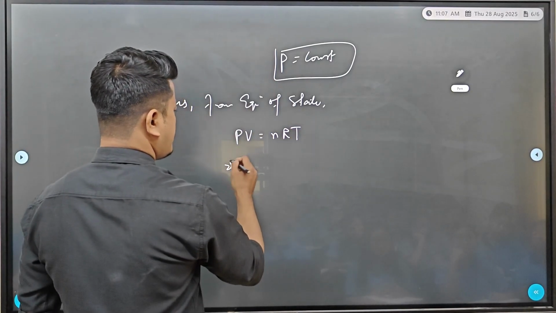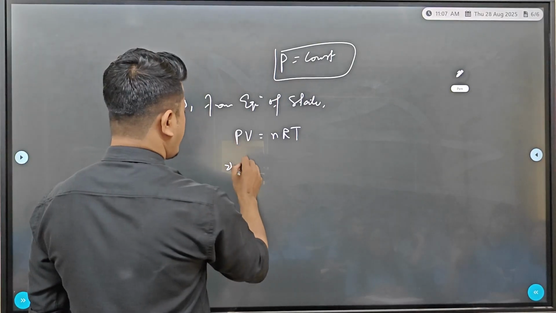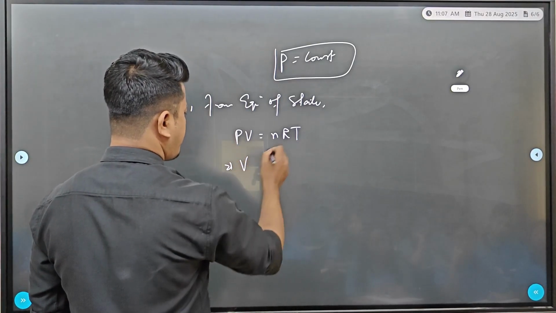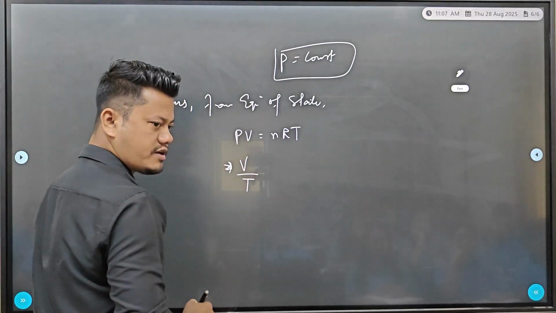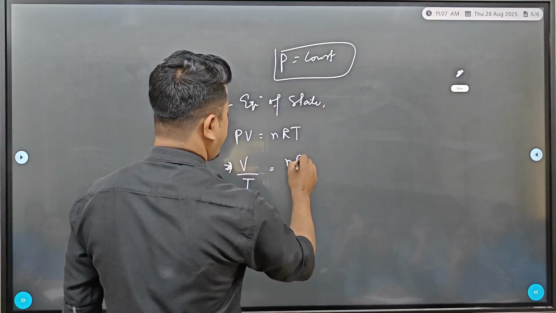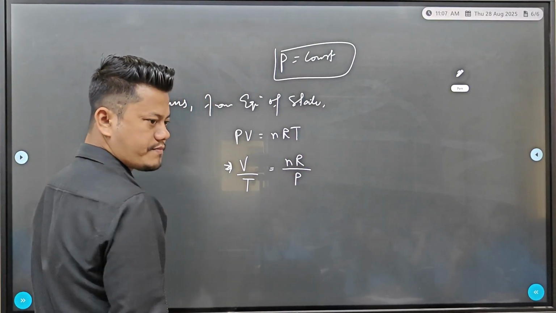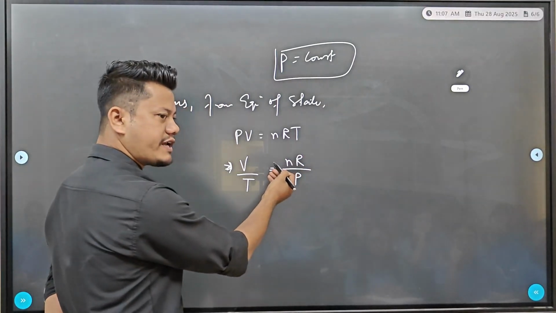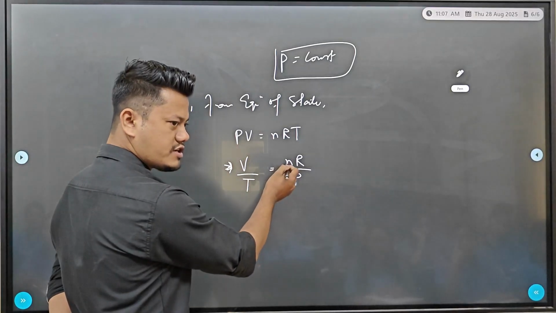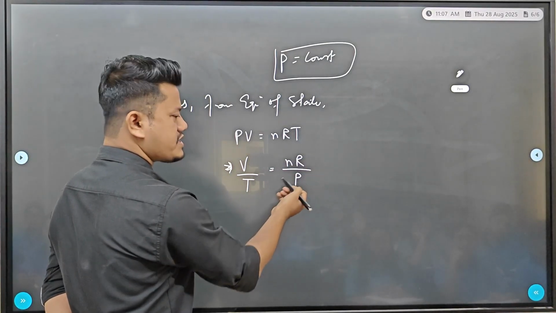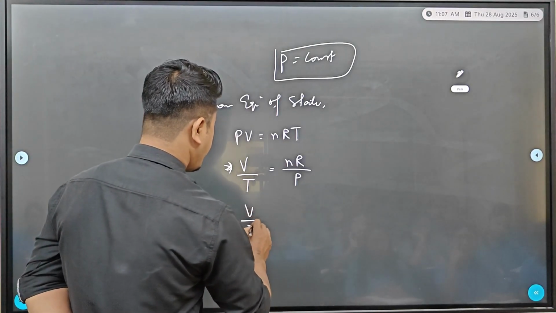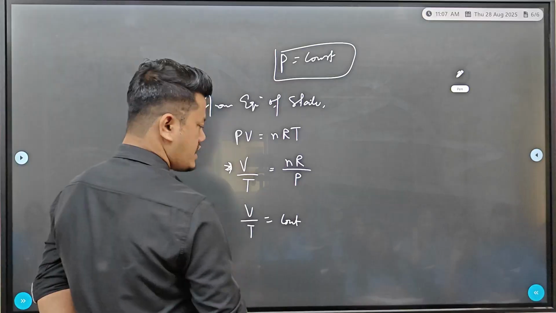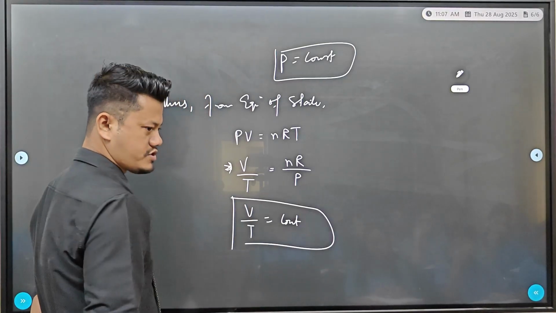P is a constant, so I'm keeping V over here and bringing the T towards the left hand side. So I can write V by T equal to nR by P. n is the number of moles for a particular gas, it will remain constant. R is the universal gas constant and P is the pressure, which is again a constant under isobaric. So can I write V by T equal to constant? This is the equation of isobaric process.